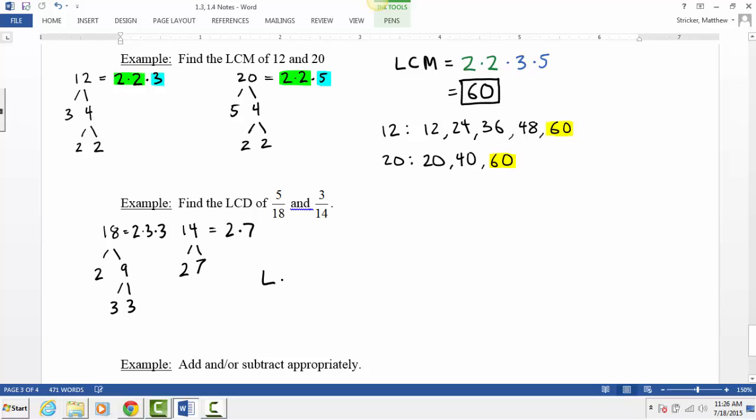So my least common denominator, we take the factors that are the same.